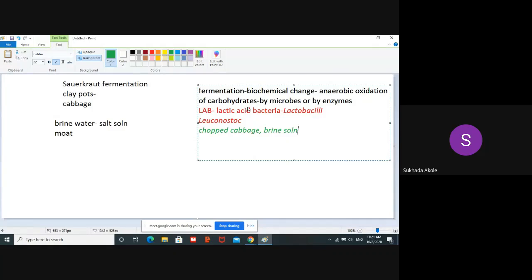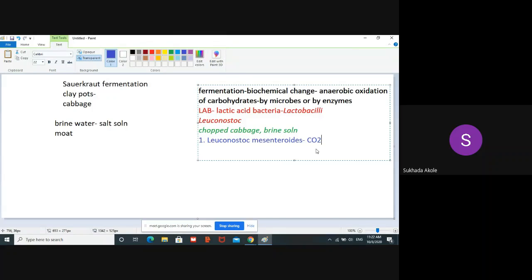Okay. So there are 3 stages of sauerkraut fermentation. First, Leuconostoc mesenteroides will produce carbon dioxide, replacing the oxygen of the jar, creating an anaerobic environment.